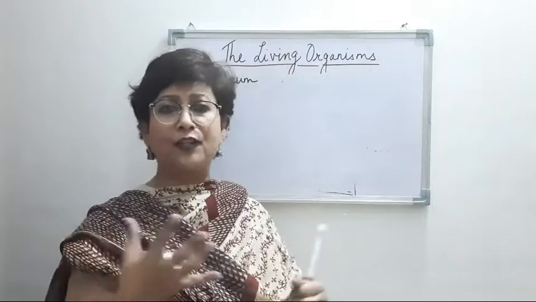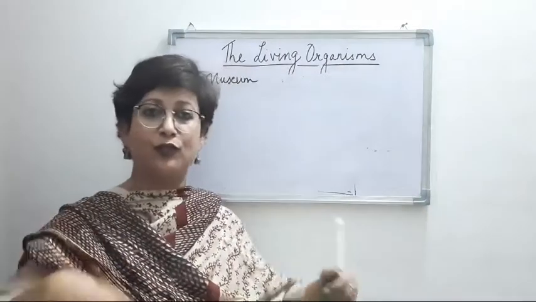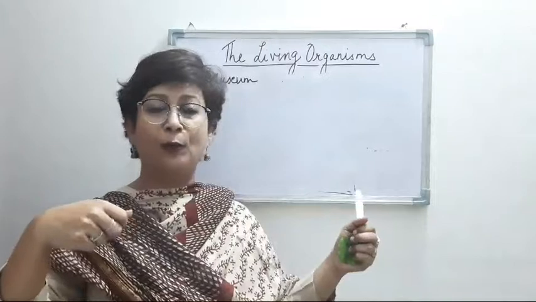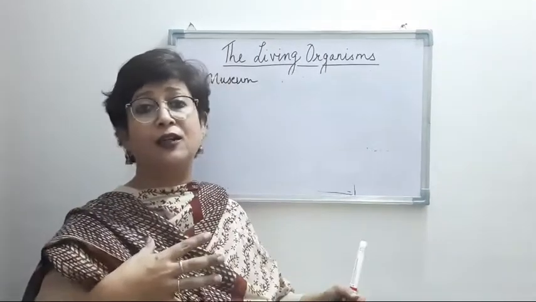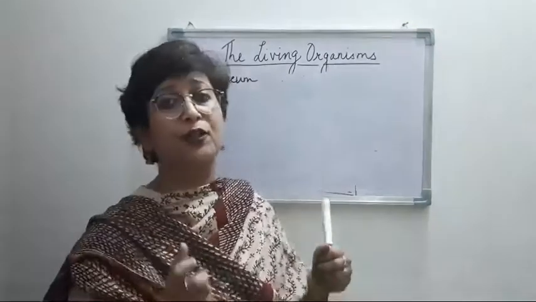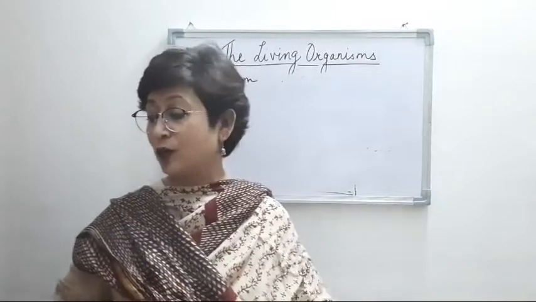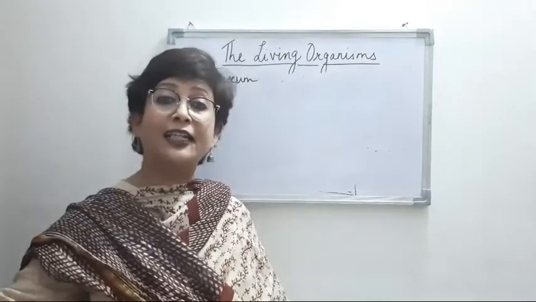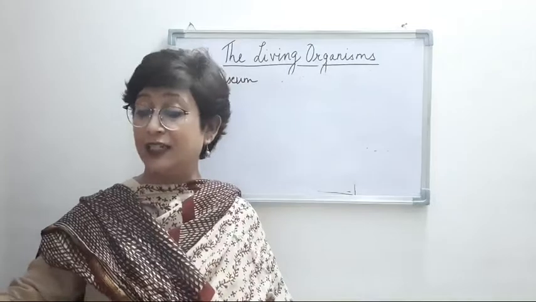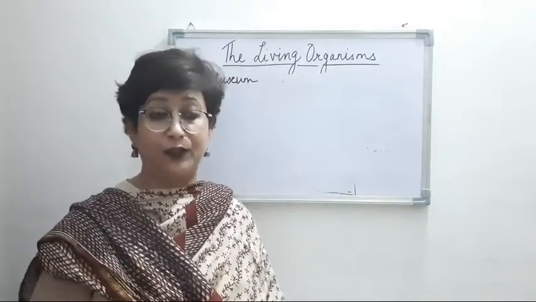When you visit various historical places, you'll find that there are museums. You'll see what kind of weapons the kings or the people in those periods used, right? So museum is the second taxonomical aid consisting of dead specimens that we will talk about.